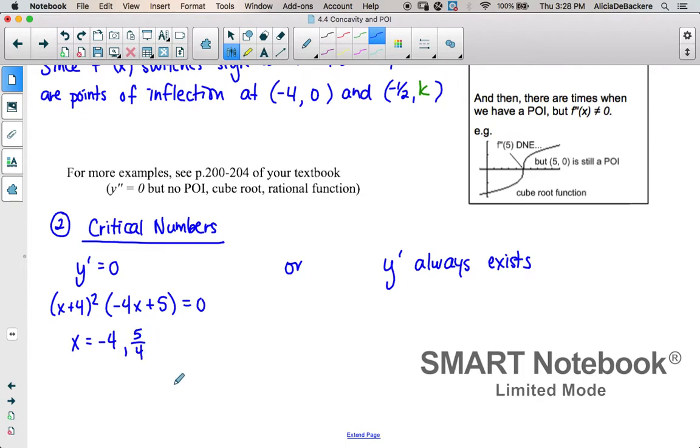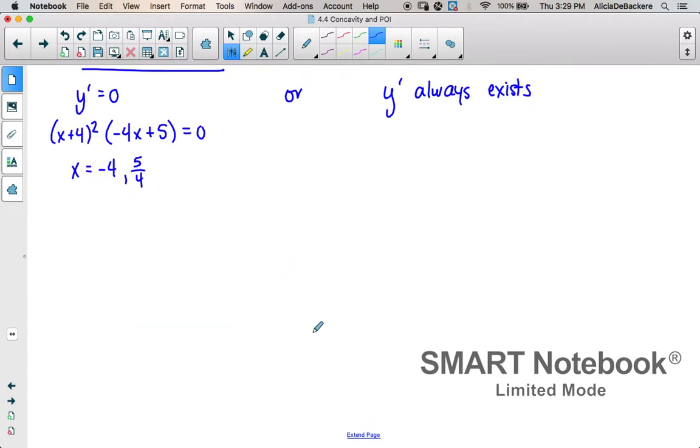So I've got my critical numbers. Now, the second derivative test just asks me to plug these numbers into the second derivative. So at this point, I'm doing the second derivative test.